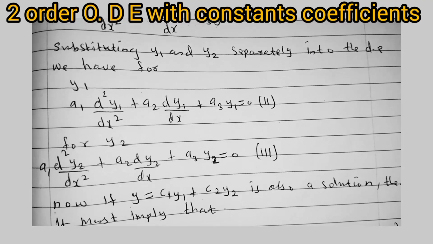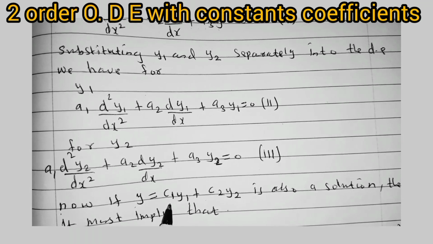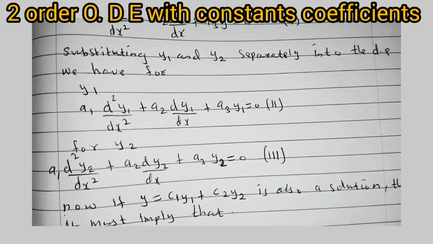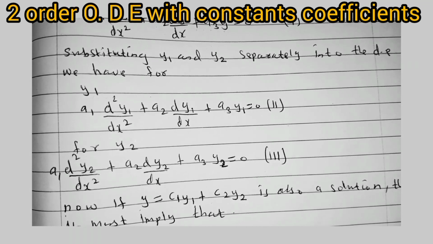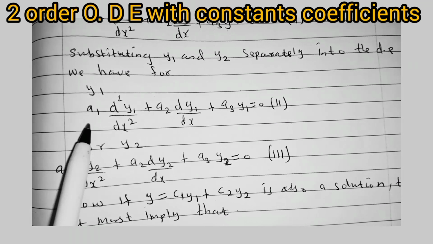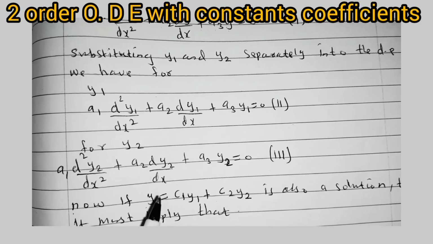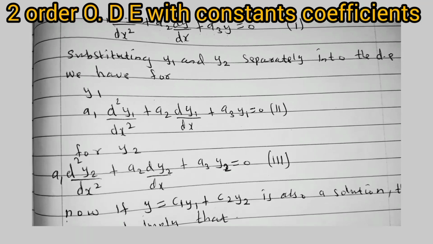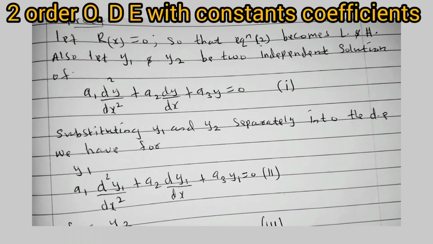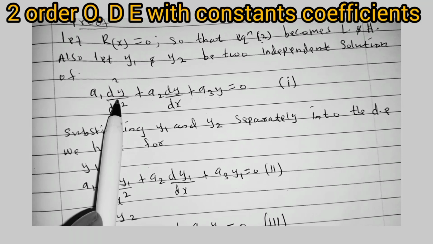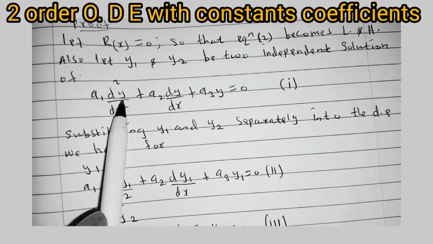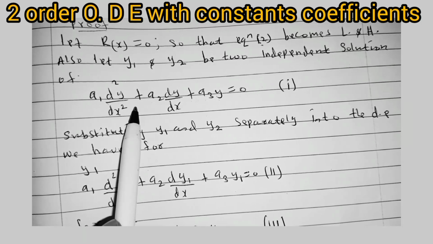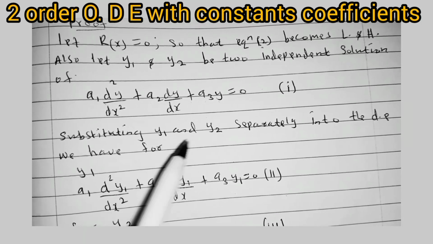Now, if y = c1 y1 + c2 y2 is also a solution, then it must imply that when you substitute this value of y into equation 1 above, it will also be a solution of this equation.